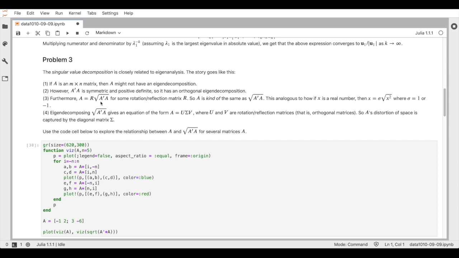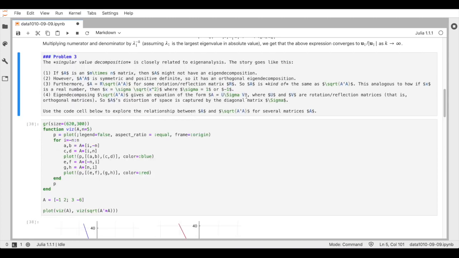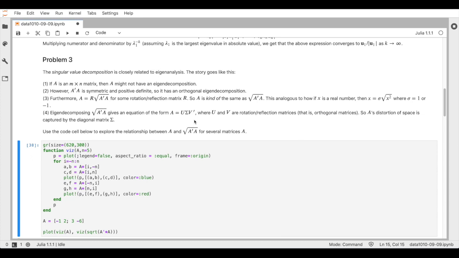So the idea is that in this polar expression, so it's called the polar decomposition, R times square root of A transpose A. If we take this part and eigendecompose it, then there's going to be an orthogonal matrix that splits off to the right, and the transpose of that splitting off to the left, and we combine that with R, and we end up with two orthogonal matrices being multiplied together, which we combine into a matrix we call U, and then we have a matrix called V on that side, and that gives a way of thinking about the transformation A, which has a lot of value in applied contexts, really quite a variety of contexts.